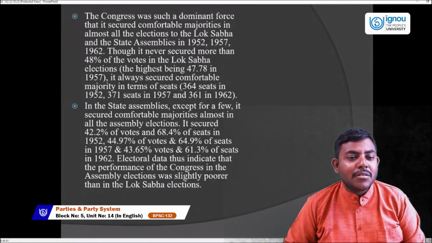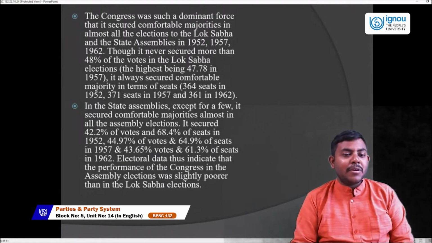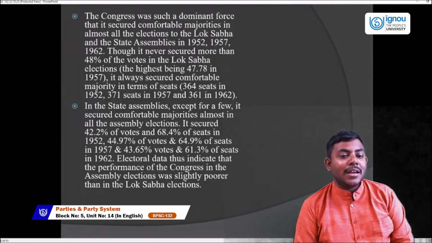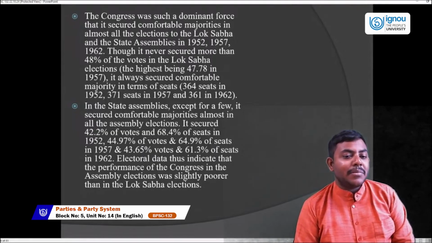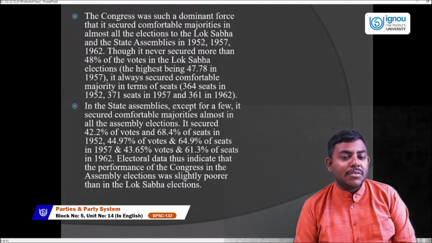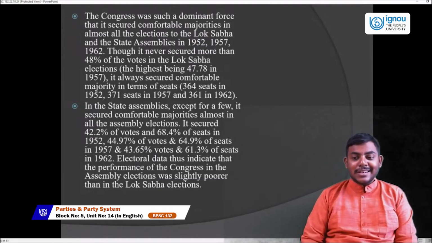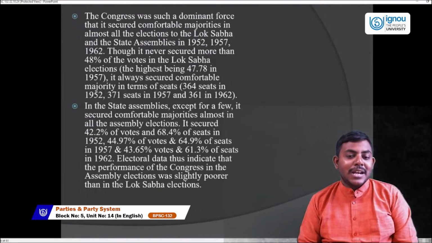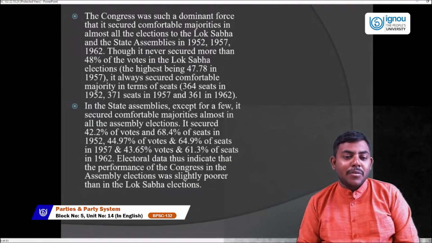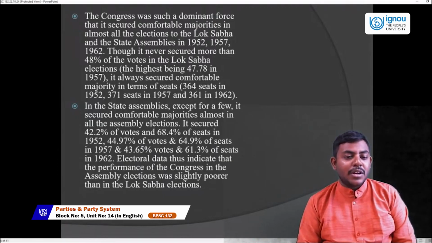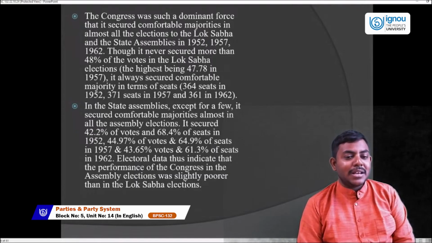Though it never secured more than 48% of votes in Lok Sabha elections, the highest being 47.78 in 1957, it always secured a comfortable majority in terms of seats: 364 seats in 1952, 371 in 1957 and 361 seats in 1962. In the state assemblies, except for a few, it secured comfortable majorities almost in all the assembly elections.